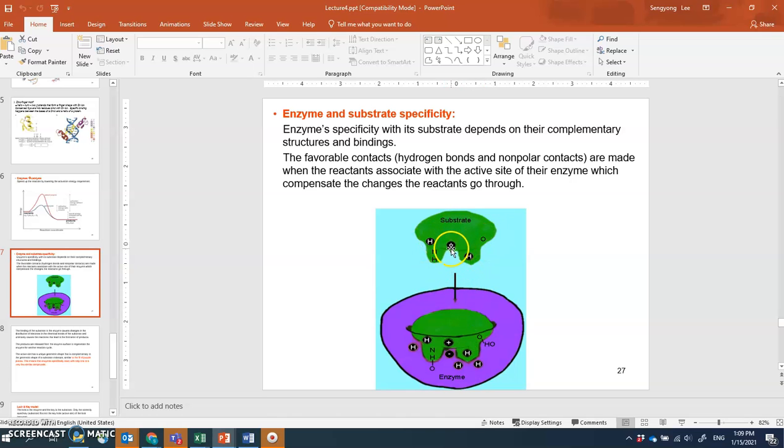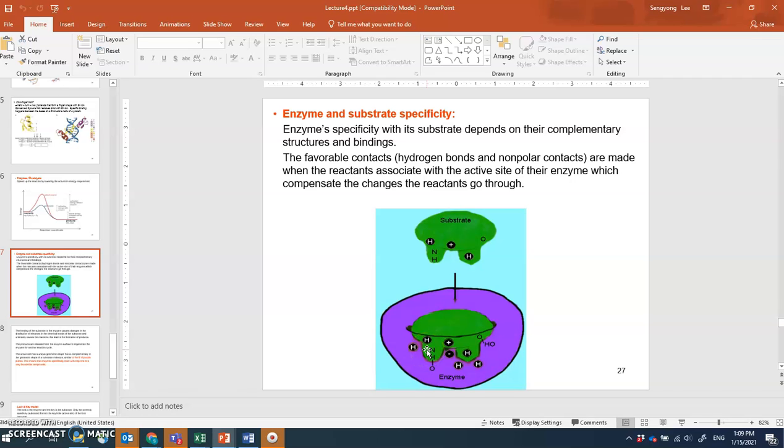And when they bind and come in close contact, these things, H and plus, minus, NH, all those things, form non-covalent bonds, like plus to minus. There's an ionic interaction happening. There may be hydrogen bonds among the hydrophilic side chains, and there may be other interactions, like hydrophobic interactions as well.